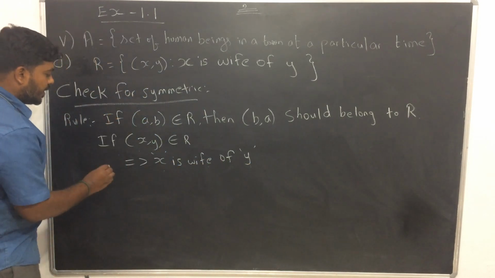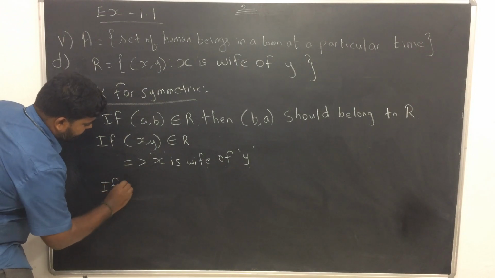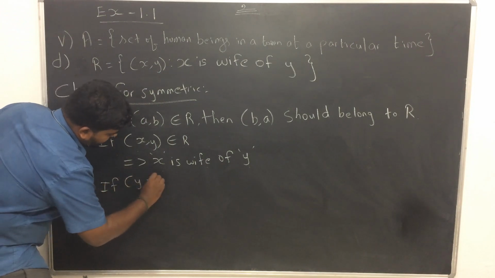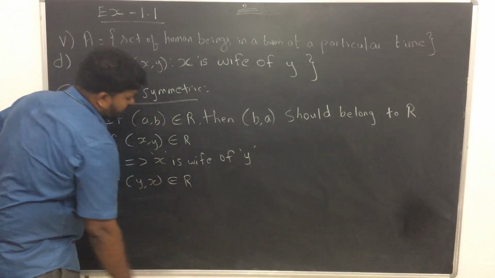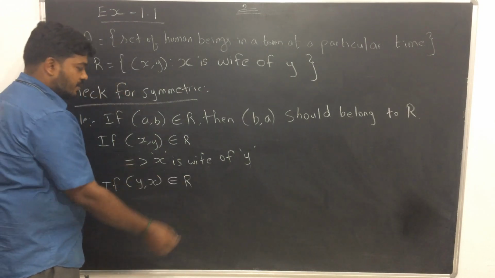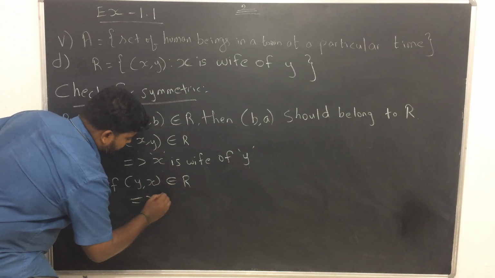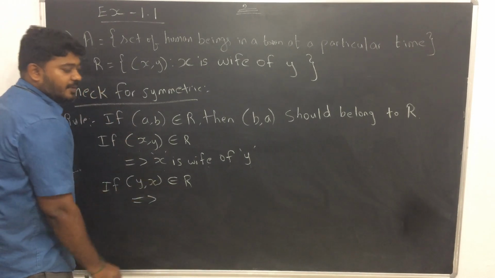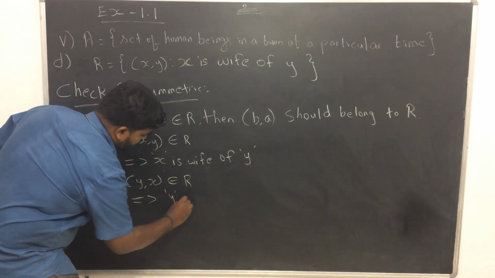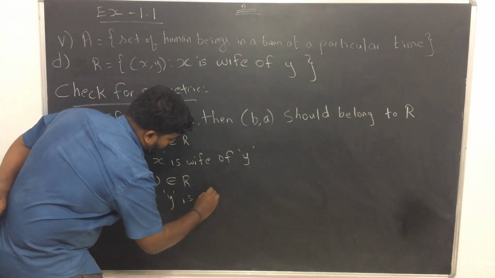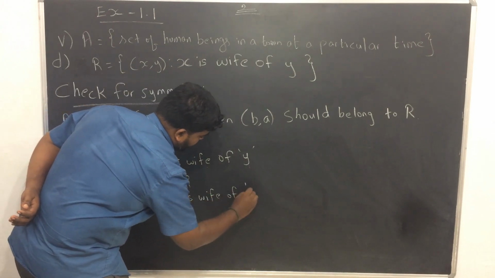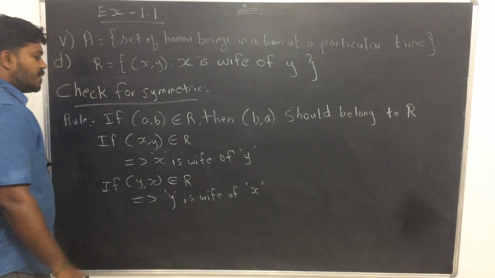Okay. Now, if I am going to say that y comma x also belongs to the relation, what does this imply? This implies that y is the wife of x. Now, is this possible?